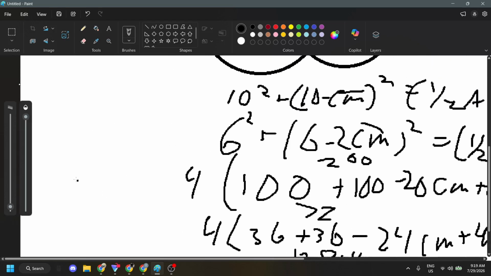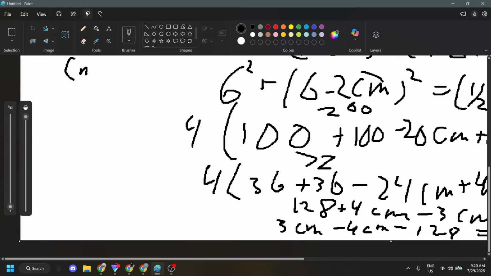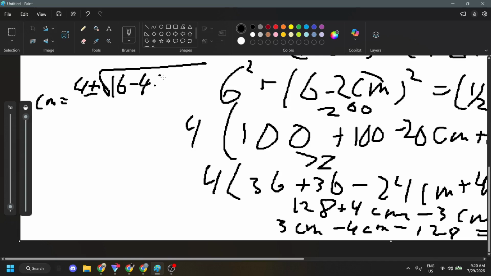So cm is equal to, use the quadratic formula. 4 plus or minus the square root of 4 squared, so 16 minus 4 times 3 times 128, but that's negative, so it makes a positive, all over 6.